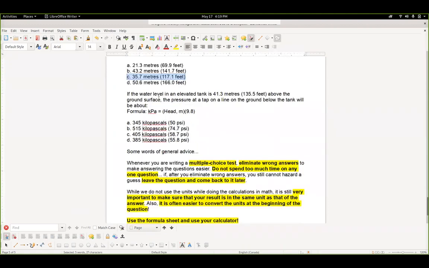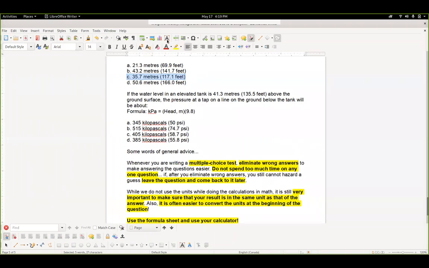Next, if the water level in an elevated tank is 41.3 meters, which is otherwise known as 135.5 feet, above the ground surface, the pressure at a tap on a line on the ground below the tank will be about what? Well, we use the formula kilopascals equals head in meters times 9.8.